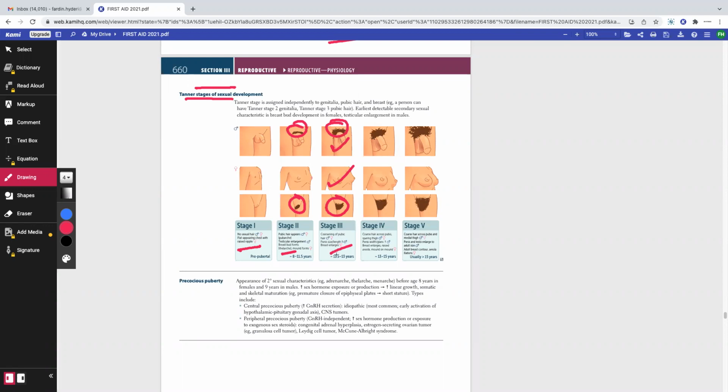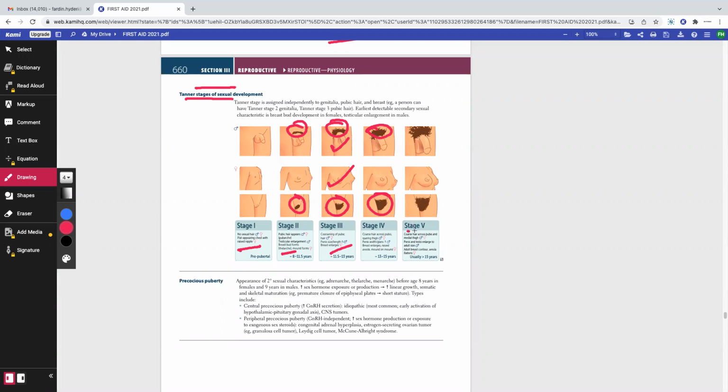What is the difference between stage 3 and stage 4? There are changes in the characteristics of the pubic hair. In stage 3, it's more smooth. In stage 4, it takes a more coarse appearance, meaning that it gets deeper. And obviously, you have further increase in size of the sexual organs.